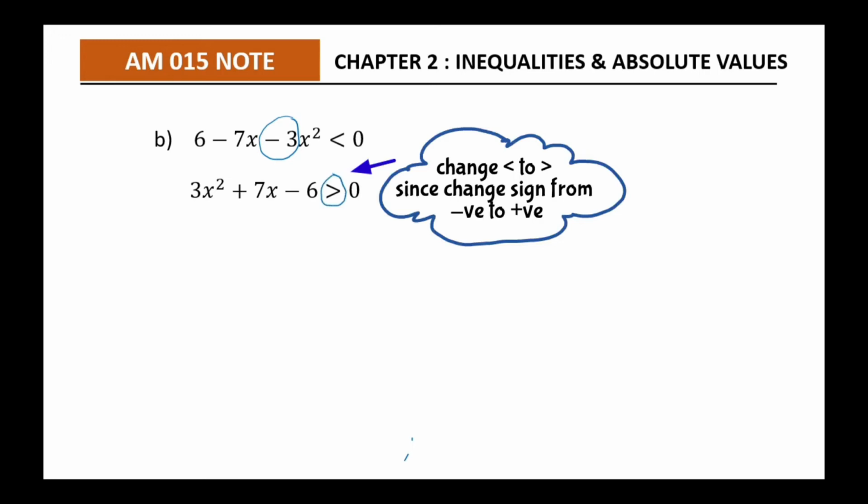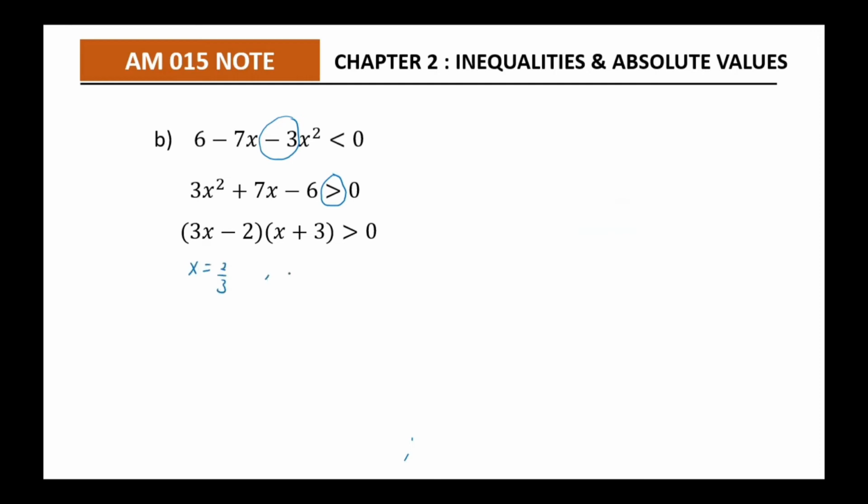When we divide or multiply by a negative number, the sign must change. And then follow the next step, factorize: (3x - 2)(x + 3), and then we have x = 2/3 and x = -3. Sketch the graph, a smile graph, -3 and 2/3, and then greater than 0, again above the line.